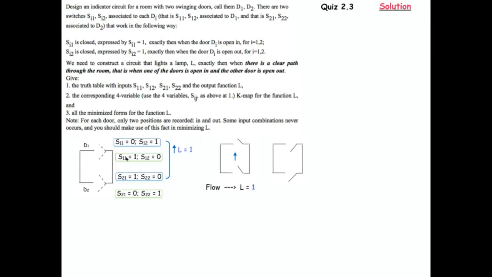And with the two green rectangles, we get the opposite condition where both doors are open down and the flow is down. In your actual quiz, it said that under this condition, the light is off. This slide shows that under this condition, the light is on. But it's sort of a complement of each other.